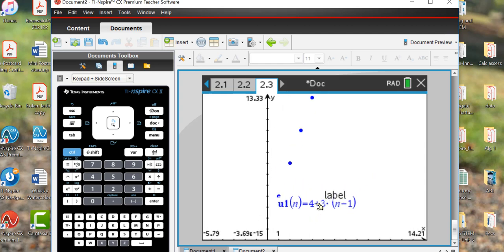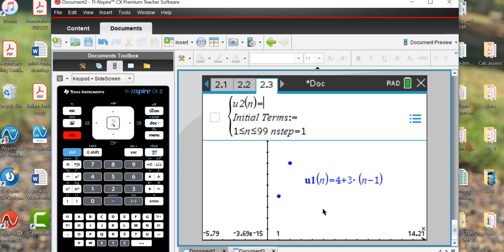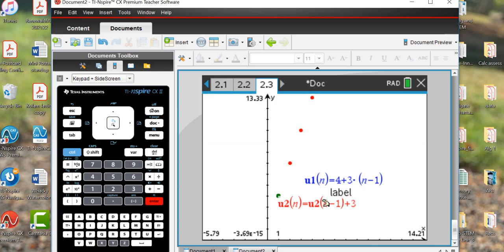Can you see them? Now let's see if I can do it right on top of itself. Okay, so take the previous term and add 3, but don't just start anywhere. Start where I started. Start at 4. Boom. Look at that. Right on top of itself.